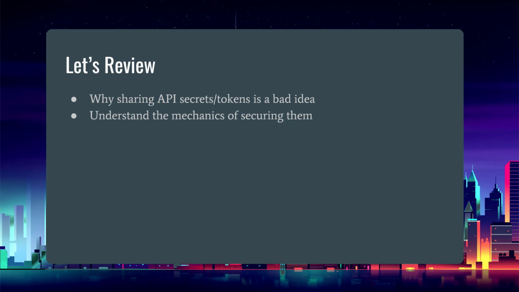And the second point to remember was that even if the token doesn't live in any of the JavaScript files that you send to the browser, you still don't want it living in your backend code either. The problem with having the token in your code at all is that it will get checked into your Git repository and eventually uploaded to Bitbucket, GitLab, GitHub, or wherever your host provider is.